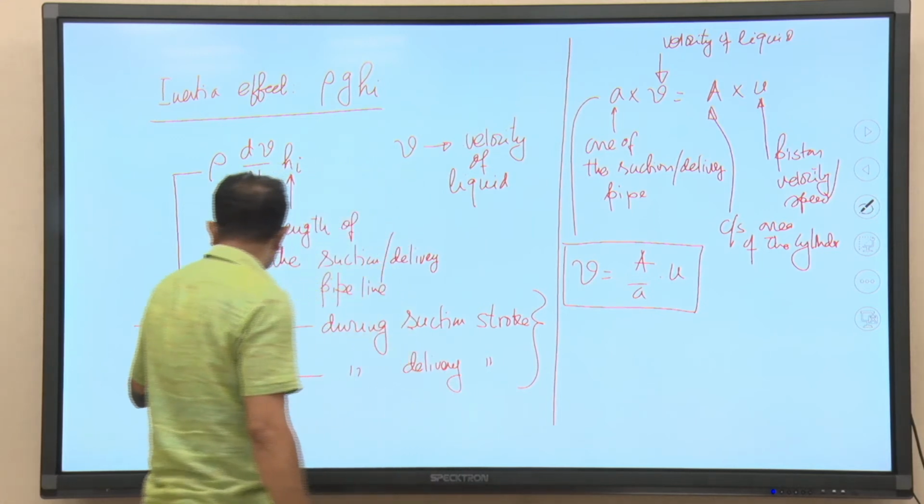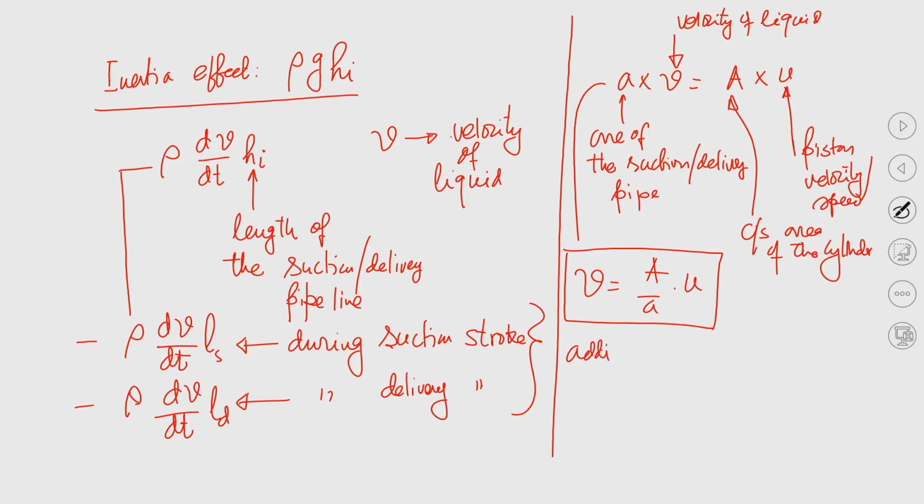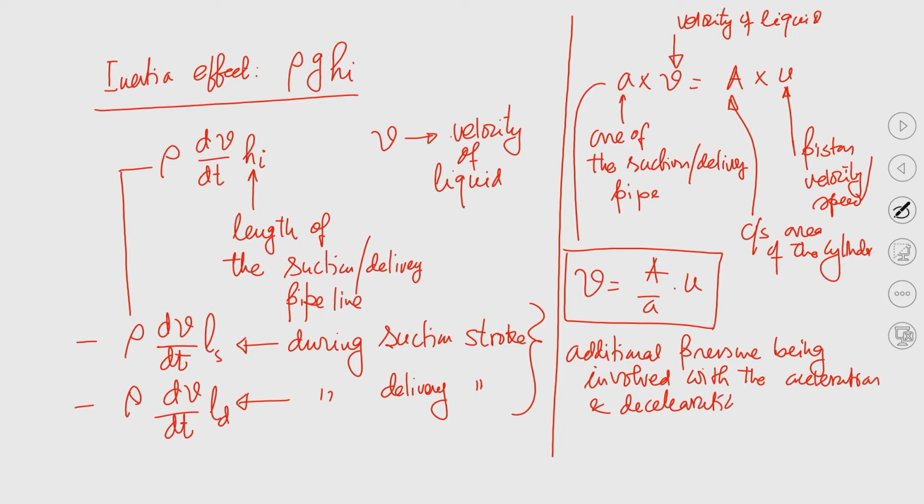Now, dV dt into Ls. So, the additional pressure involved with the acceleration and deceleration effects will now be rho Ls into A by a into du dt, right.